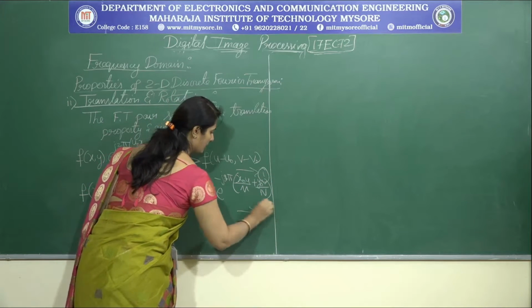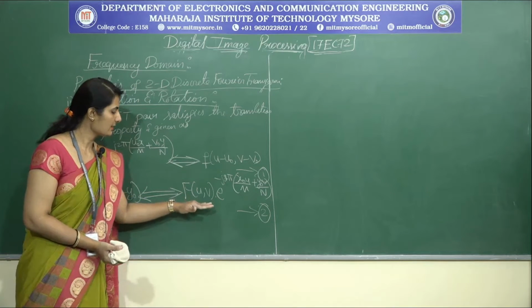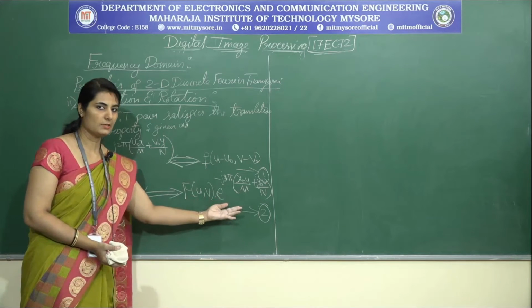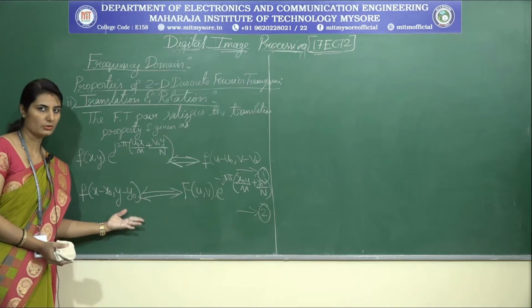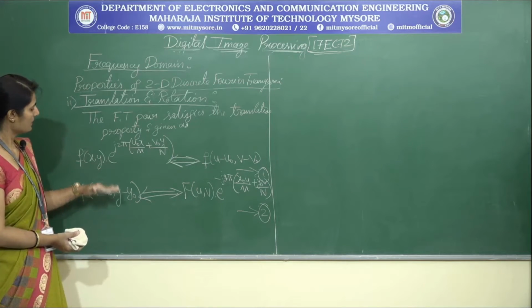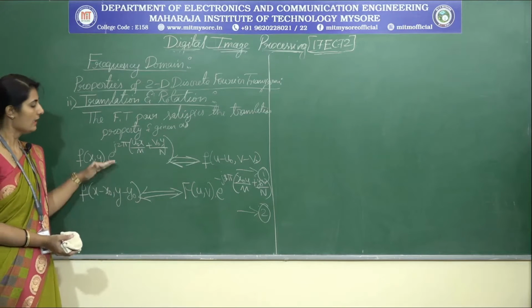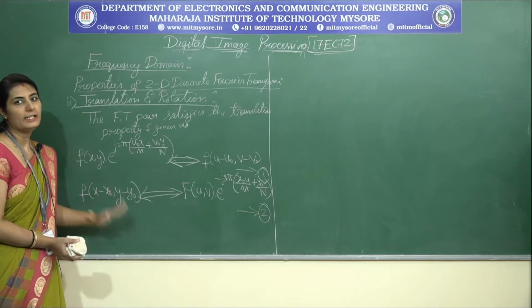This I call equation number 2. Or multiplying this discrete Fourier transform domain image with the negative exponential shows the shift in x naught and y naught. Now this represents the translation property.